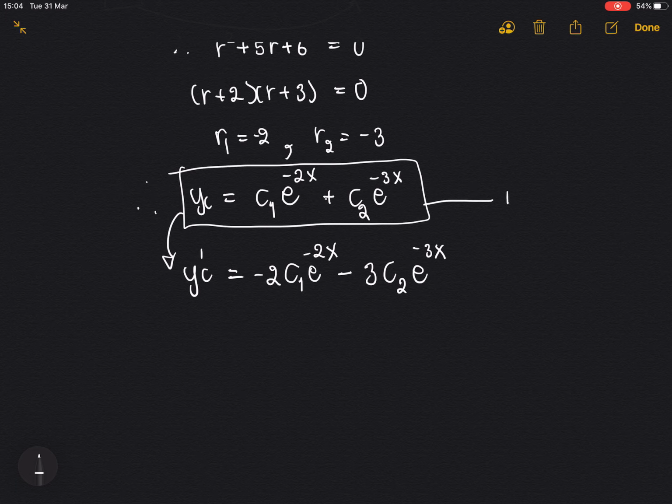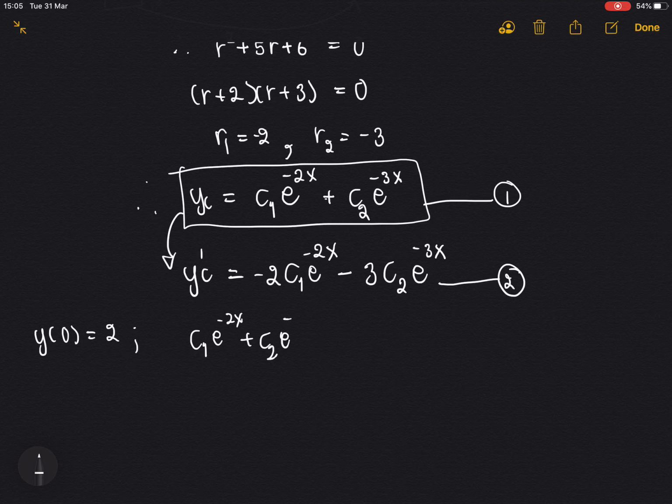So let me name that as equation 1 and let me name that as equation 2. So after that, we know from the statement that y(0) is equivalent to 2. Therefore, we can just summarize that expression 1 is equivalent to the value of 2.